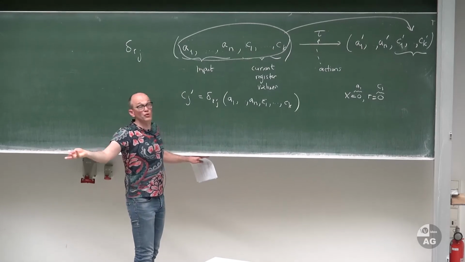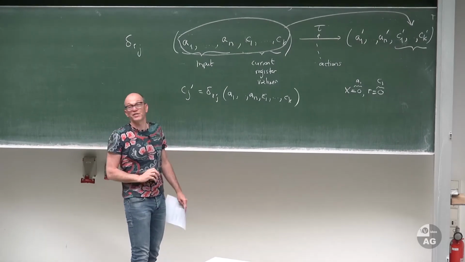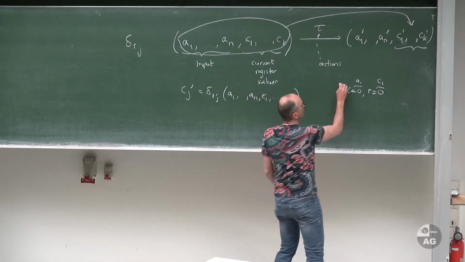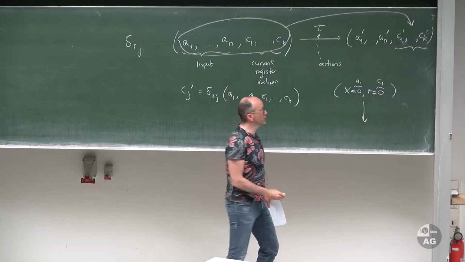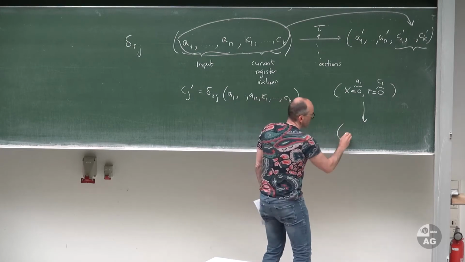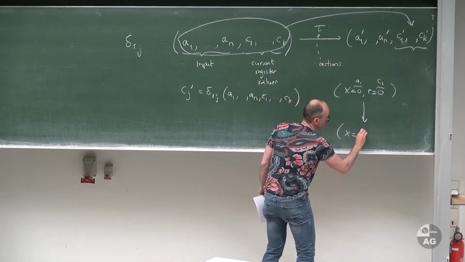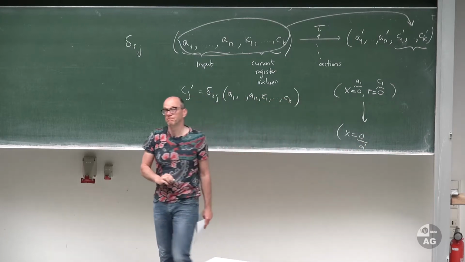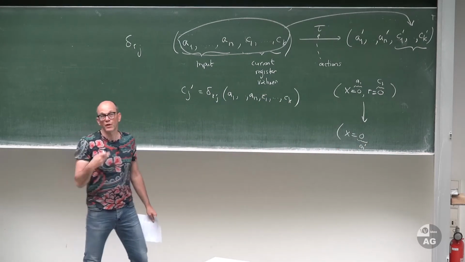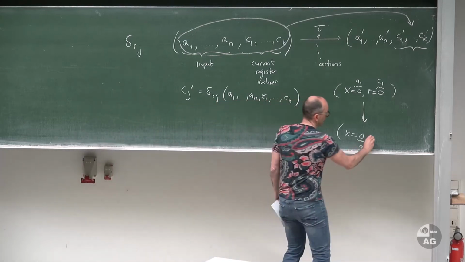Now the system is going to change. Let's say the next input is a 0. Then this state moves to a new state. What will be the new state? Let's suppose that x equals 0. So this now is the value A1 prime. Now the question is what happens to the register? And now it becomes important.